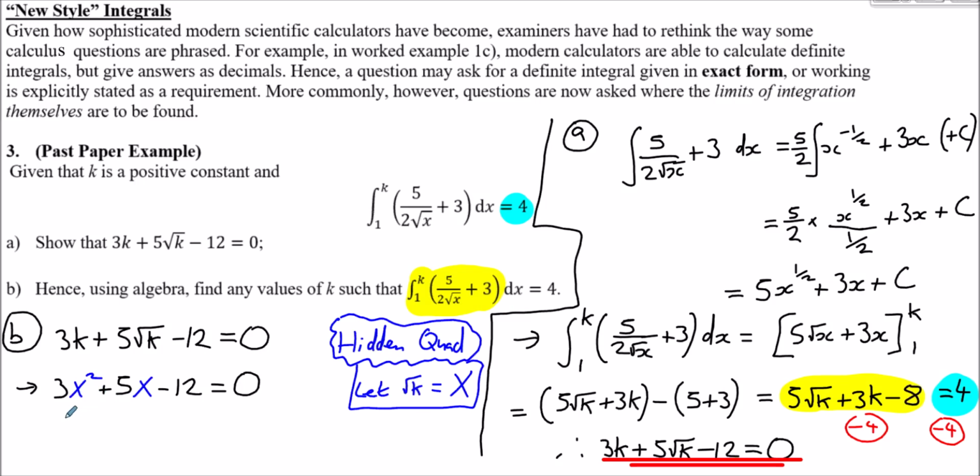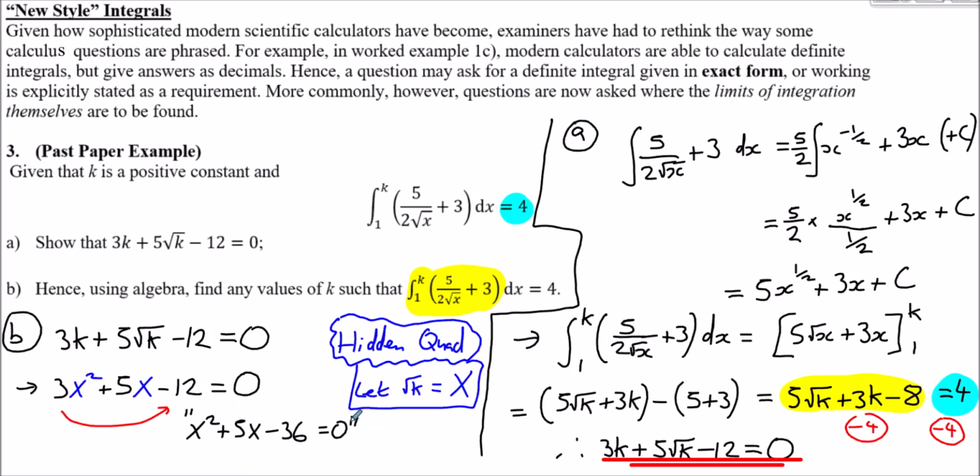So in terms of factorizing this, I'll take the 3, multiply by the minus 12, and make this into minus 36. So I've got x squared plus 5x minus 36, and I put inverted brackets because it's not really this, equals 0.